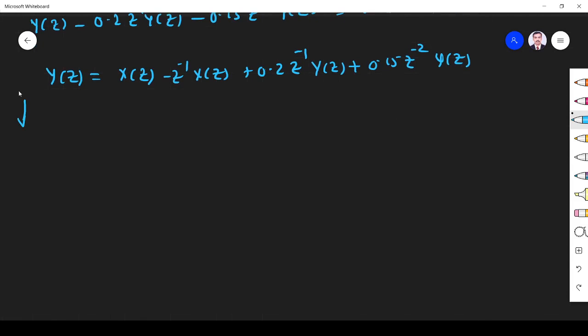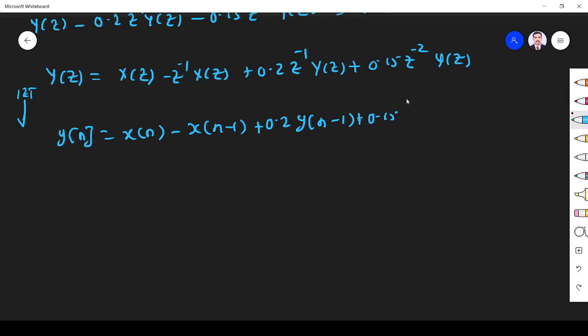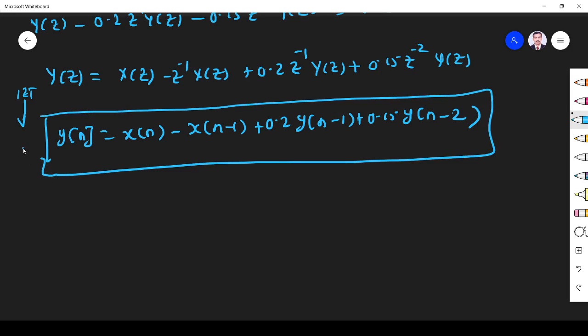Y of z inverse transform is y of n, that is equal to x of n, minus x of n minus 1, since z inverse X of z is x of n minus 1, plus 0.2 y of n minus 1, since z power minus 1 means n minus 1, plus 0.15 y of n minus 2. Simple. So this is the difference equation. We got the answer for the first subdivision.